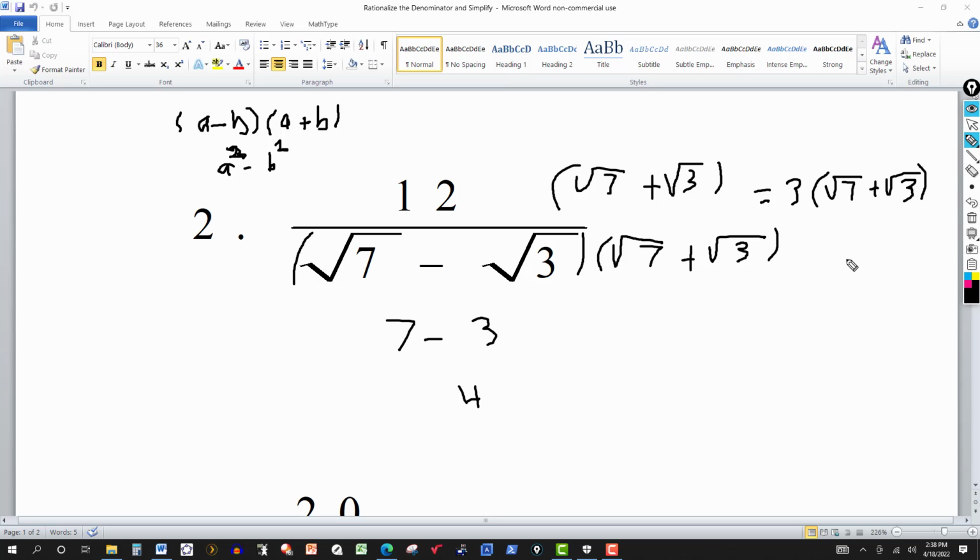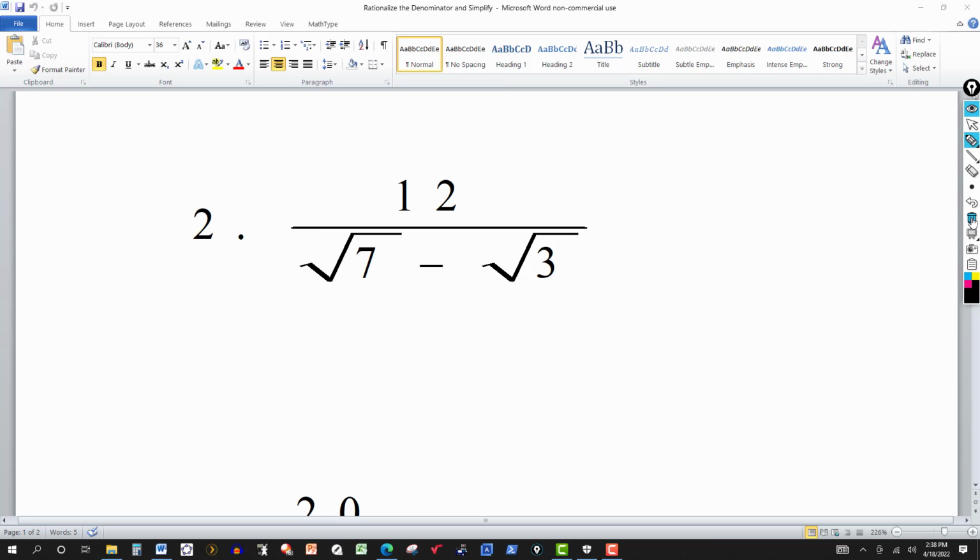Again, the denominator is a 1 now, divided out. I just leave it in this format. You can multiply through by the 3 if you want. This is 3 square root of 7 plus 3 times the square root of 3, and that simplifies it.